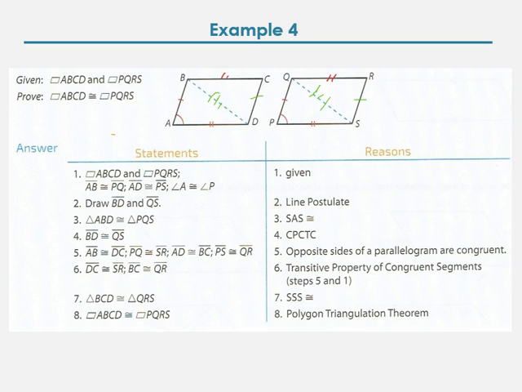So we started off with congruent triangles ABD and PQS. Now we can state the congruency of the other two triangles. And therefore, parallelogram ABCD is congruent to parallelogram PQRS by the last theorem we just learned, the polygon triangulation theorem.